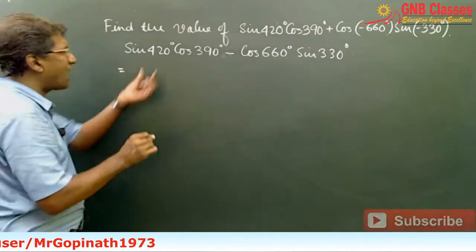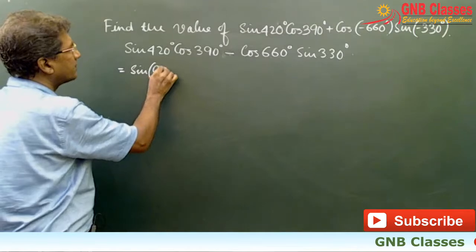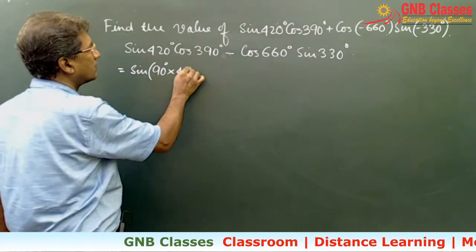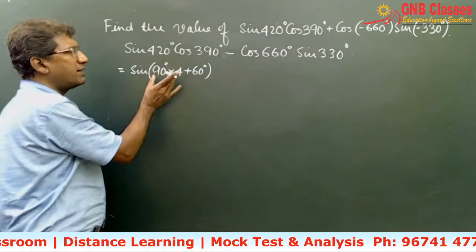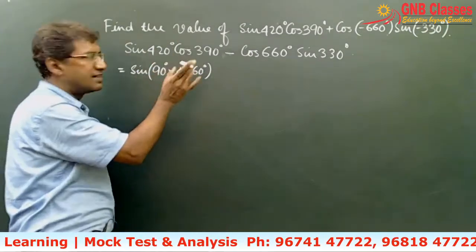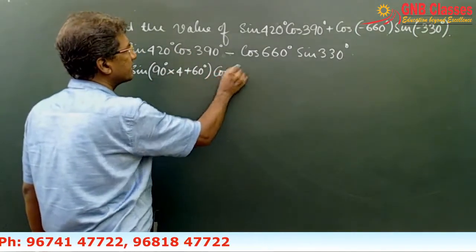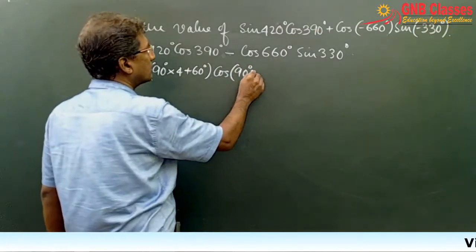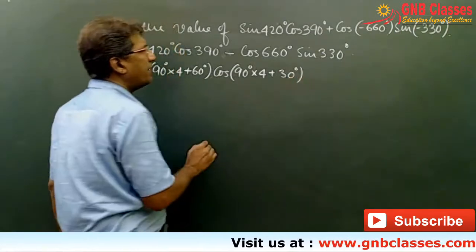Now, if you divide 420 by 90 degree, so we are going to get, is it clear? So 420 I have written 90 into 4 plus 60 degrees. Cos 390 I am writing it as, okay.